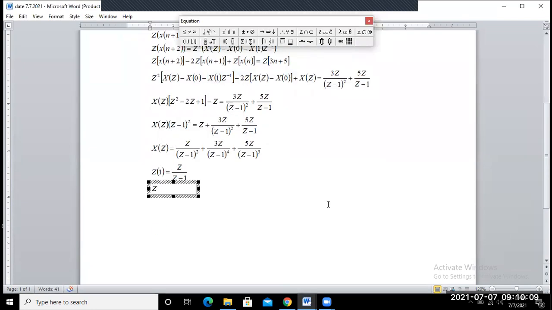Okay. The Z transform of n equal to z by z minus 1 whole square.